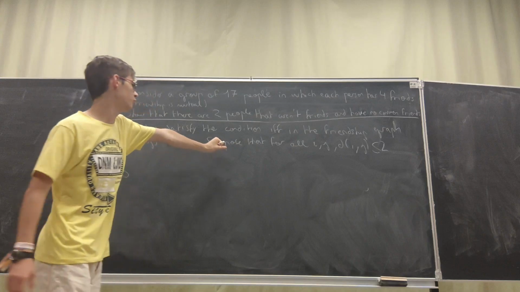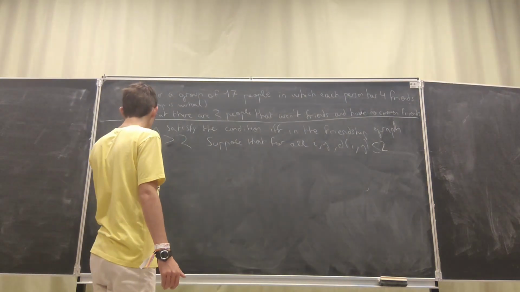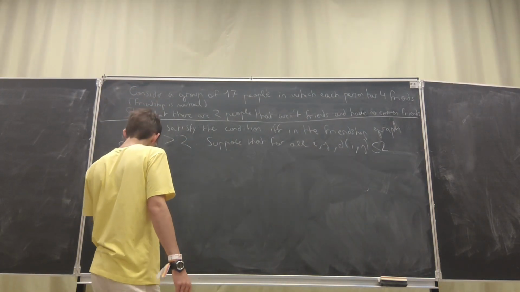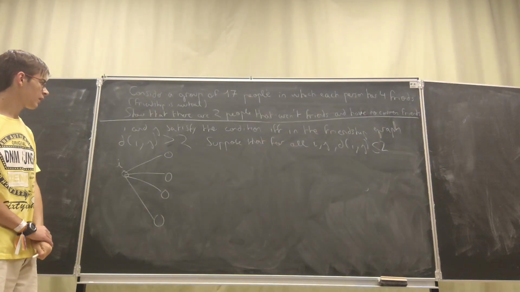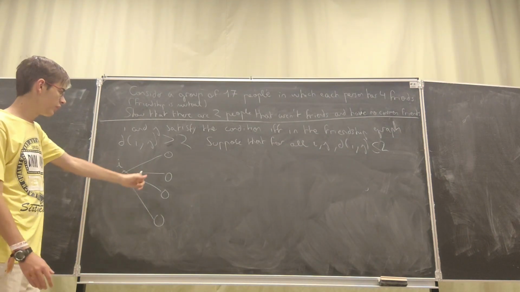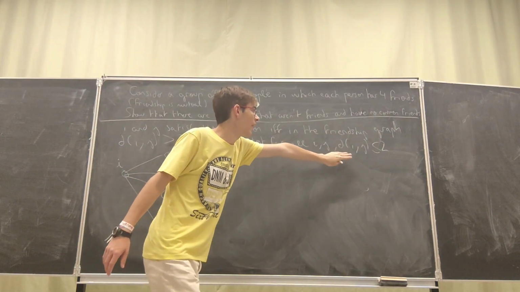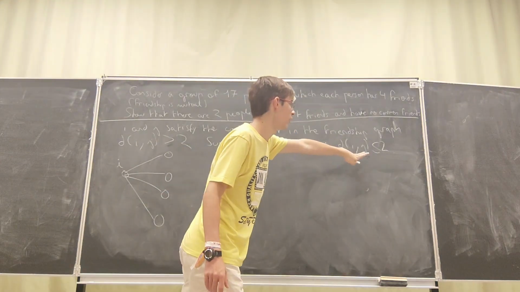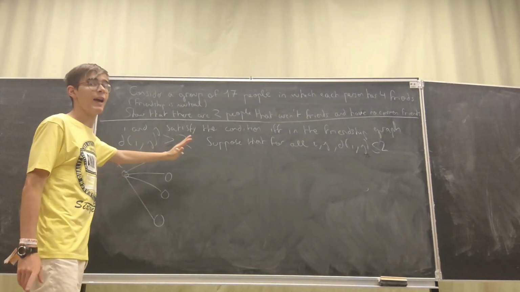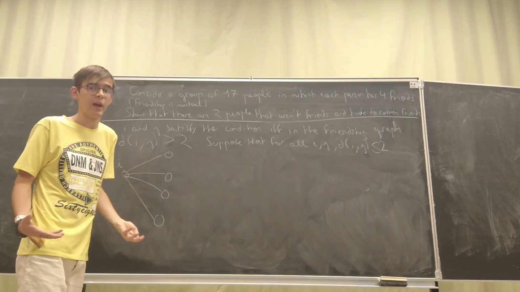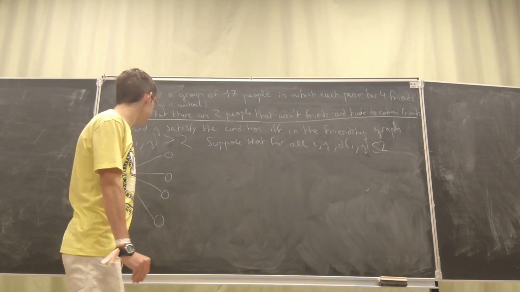Okay, so when we suppose this and we try to draw our graph, we have person number i, we know that they have exactly 4 friends. 1, 2, 3, 4. And now we look at the friends of the friends. And since we know that for any person j, their distance to i must be at most 2, it means that when you look at the person, the friends, and the friends of the friends, you must obtain everyone, right? There can't be anyone else that lies outside of that.